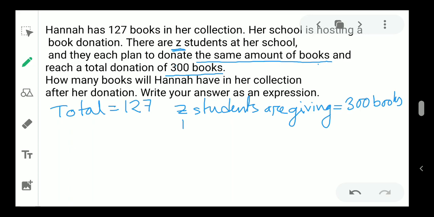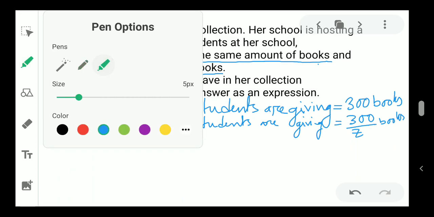So one student, I'm just giving a colon, that means the same thing. Students are giving, so 300 by Z books. So each student is giving this much. So Hannah will also give this much only.